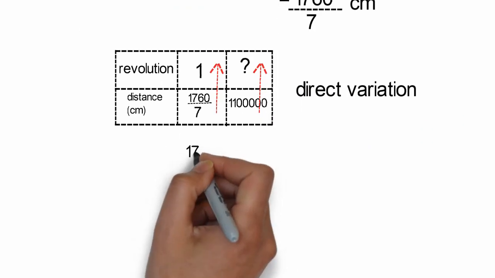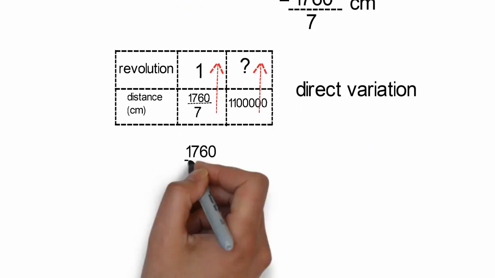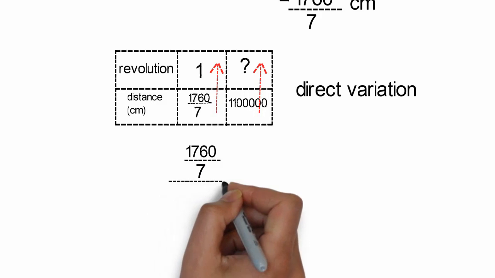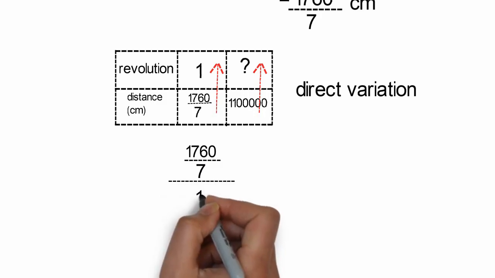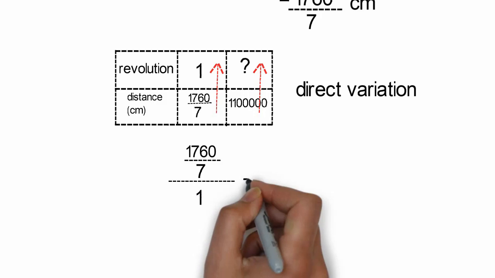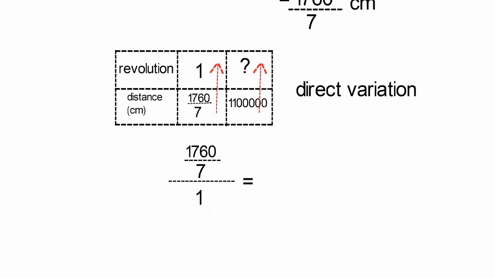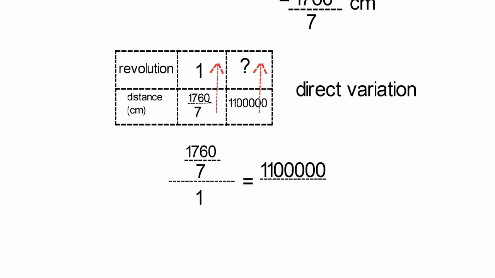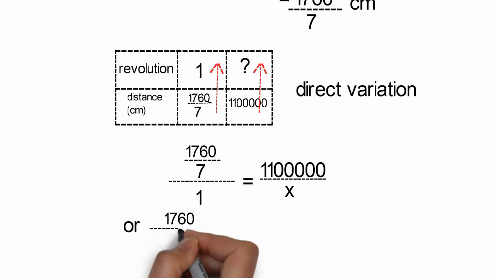According to the position of the arrow, first we are going to write the number at the tail position of the arrow, 1760 divided by 7, upon 1 equal to 11 lakh divided by x. In place of the question mark, we are going to write again x. This is the number of revolutions which we have to find. Now on the left hand side, 7 will be multiplied with 1.